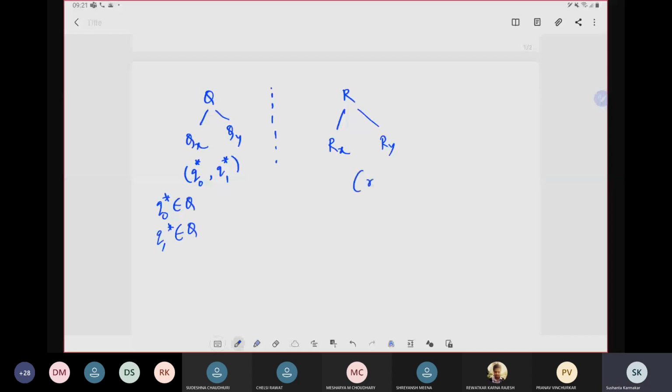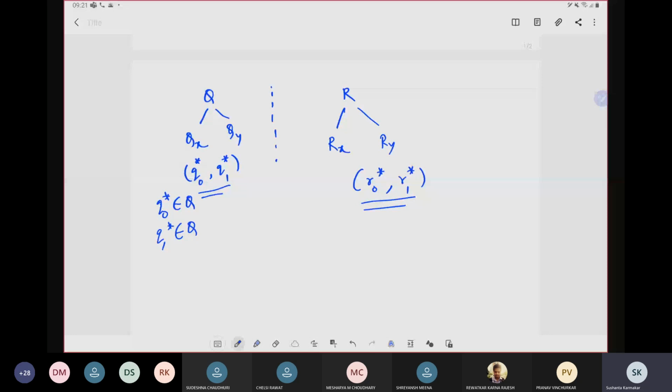Similarly, I can say R0 star, R1 star is the closest pair in this side. Remember, how do I get this? I actually call the function recursively, and there is some base condition. We'll tell that later. So recursively, we find the closest pair in the subregions.